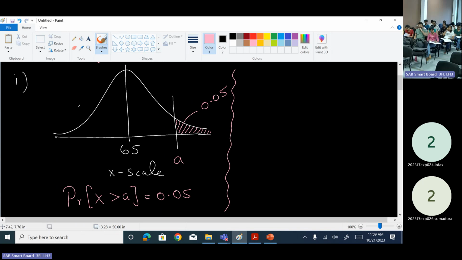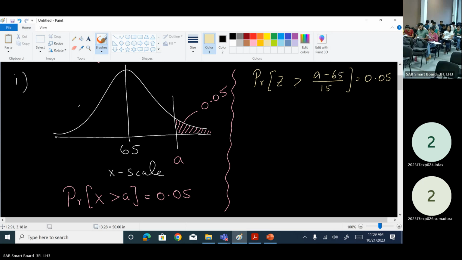Next we transfer this to standard normal probabilities: probability Z greater than (A minus 65) over 15 equals 0.05.